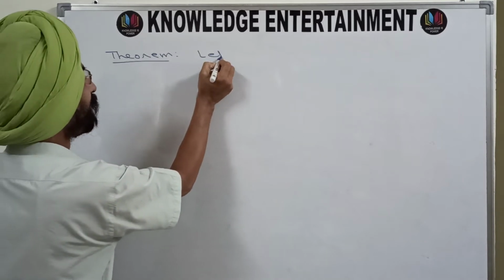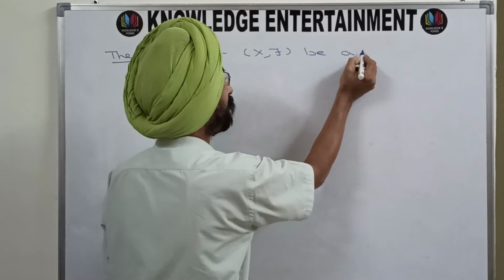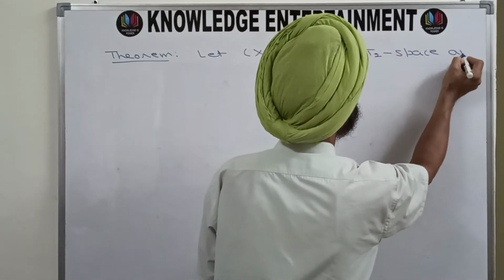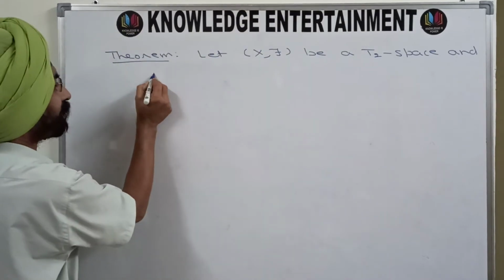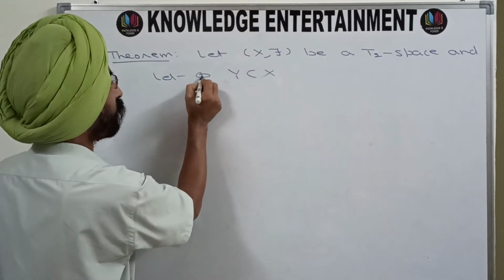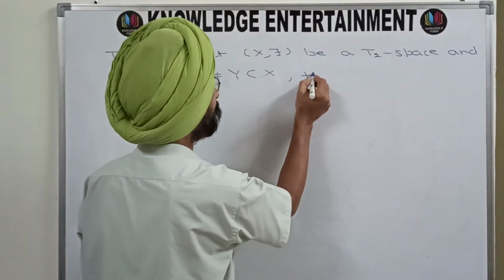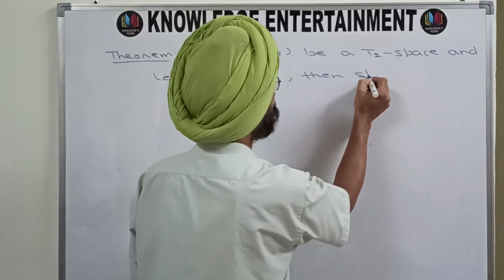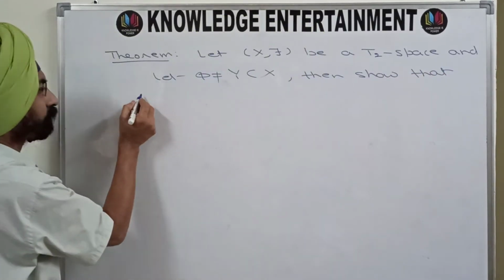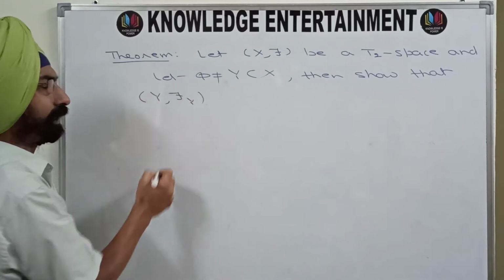So let X tau be a T2 space and let Y be a subset of X. Obviously Y is not phi. Then show that Y tau Y is also a T2 space, where what is tau Y?